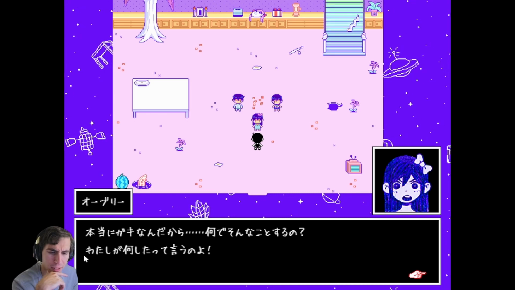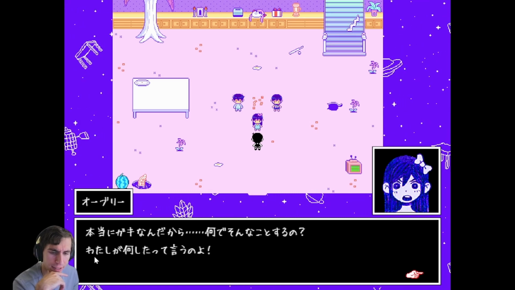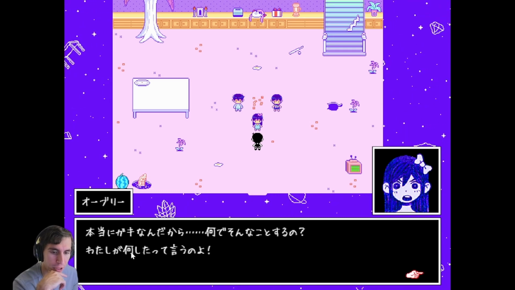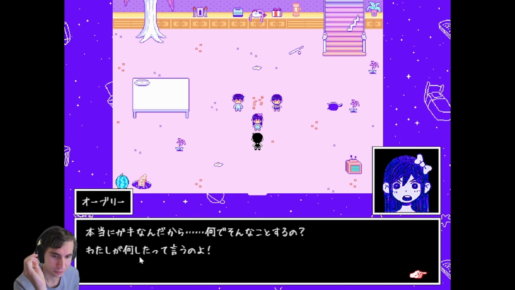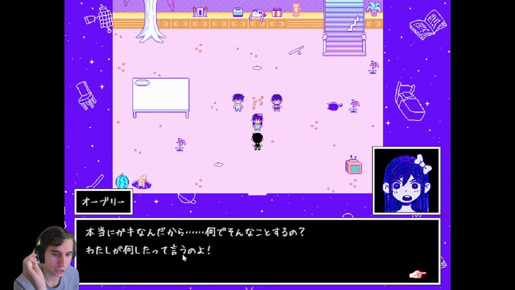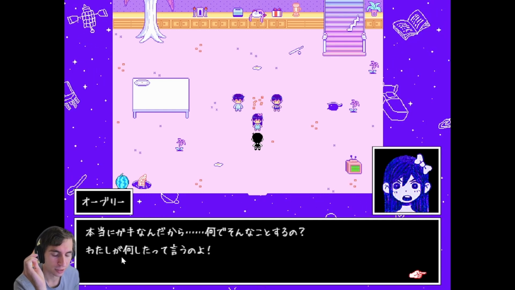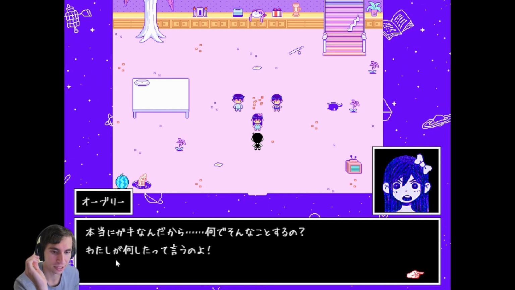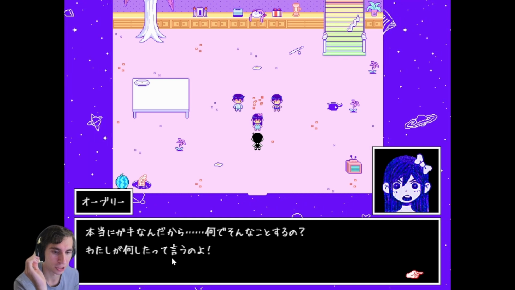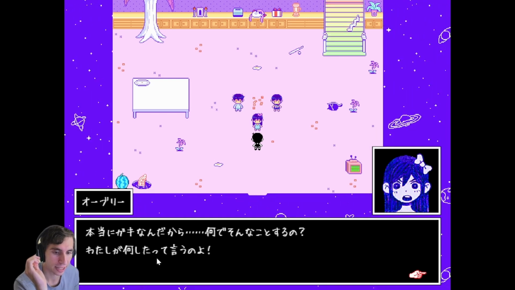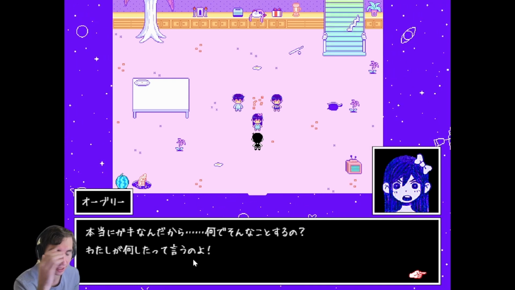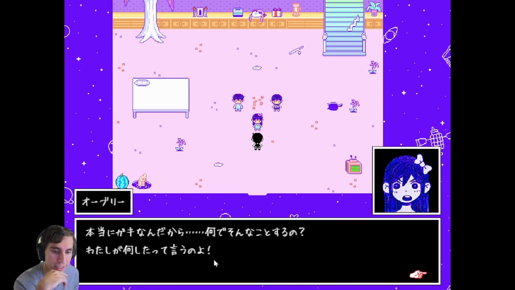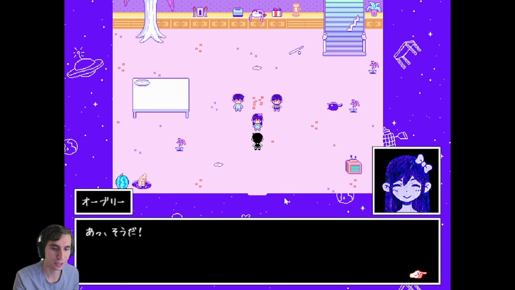So here, 私が, so I, 私が, subject marking particle, 何したって, or what is, って言うのよ. What did I say? That's basically this entire expression. So 言う is say, 言うのよ. And then that's kind of like emphasis, like, what did I say? What did I say? そうだ.